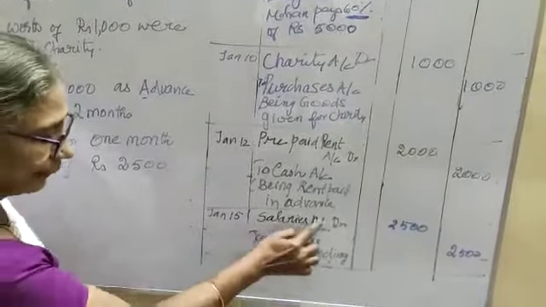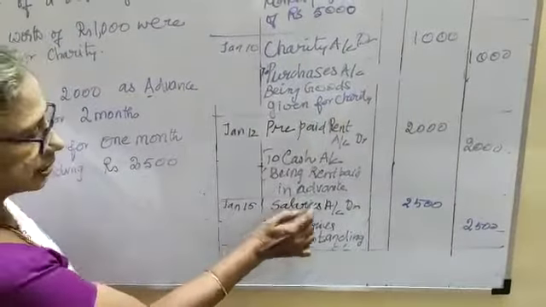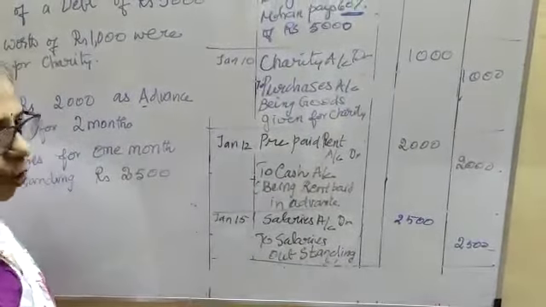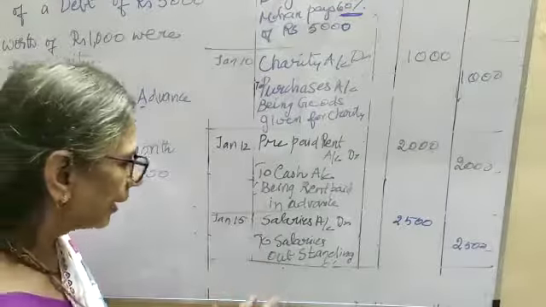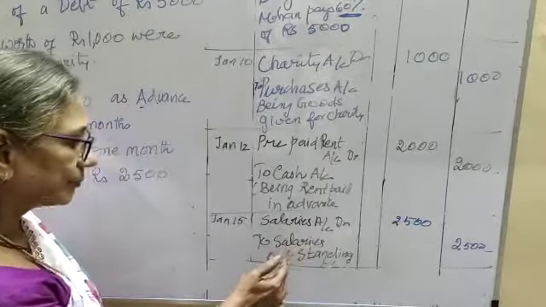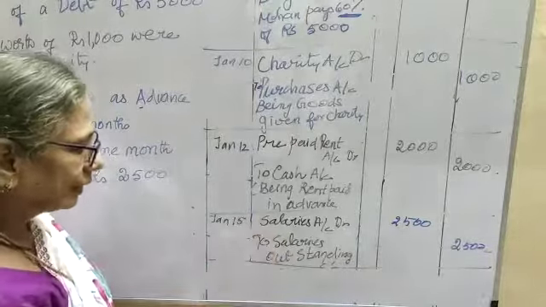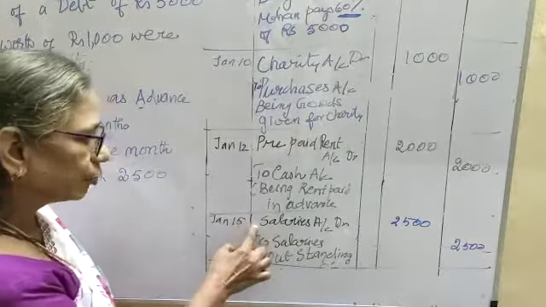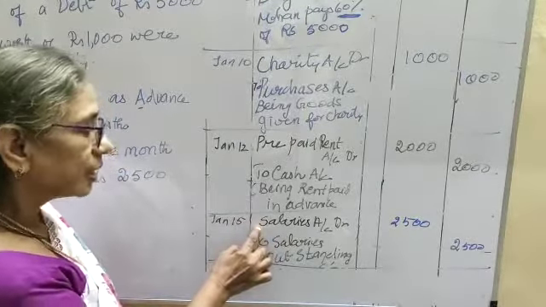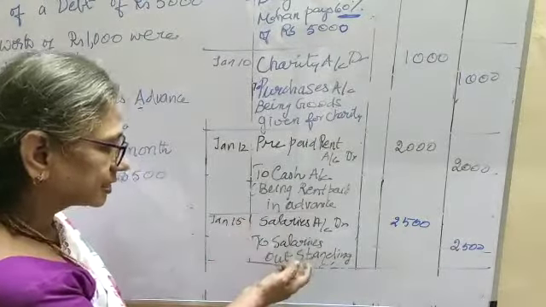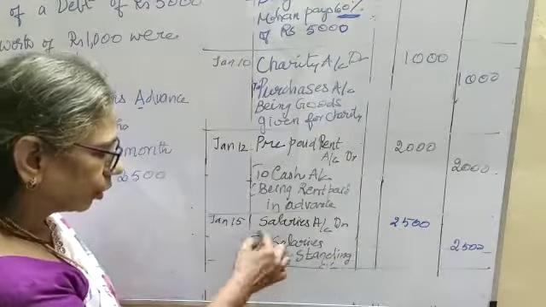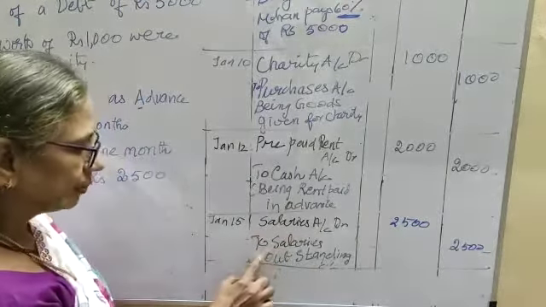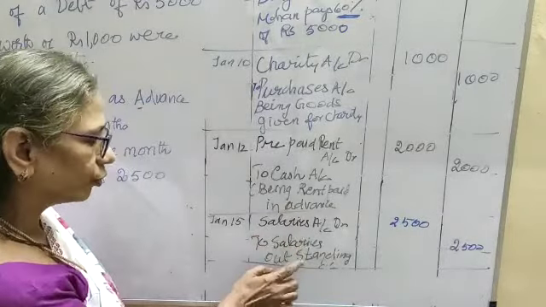Salaries account is debited because it is an expense, and all the expenses are debited. The salaries outstanding account should be credited.